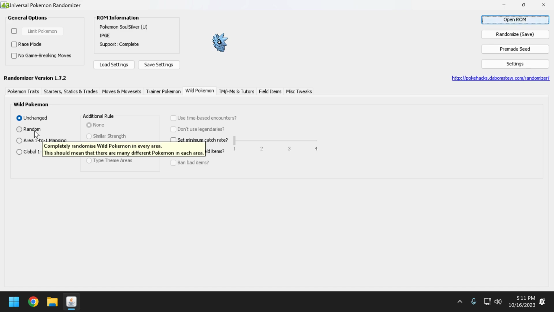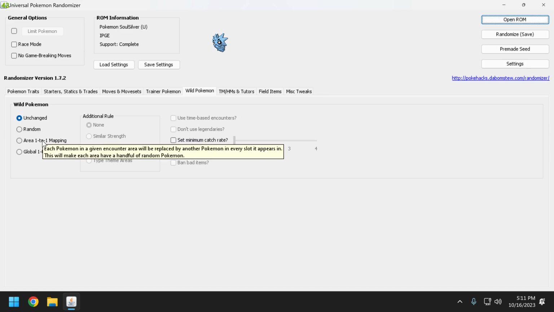It's extremely difficult if you're trying to quote-unquote catch them all to really know what Pokemon are in certain areas. In the base game, you can just look up a guide and it'll tell you exactly what Pokemon are within that area. But here, you have no way of really knowing, barring something we'll show at the end, what Pokemon are within what area.